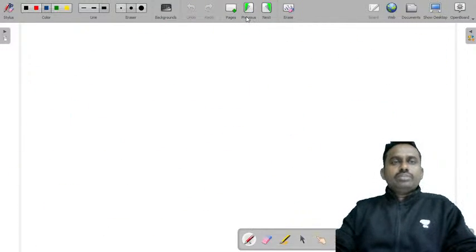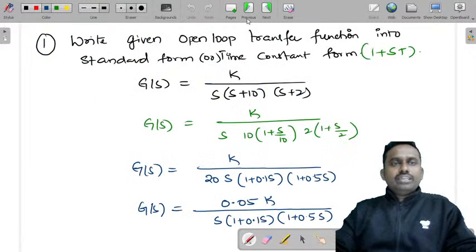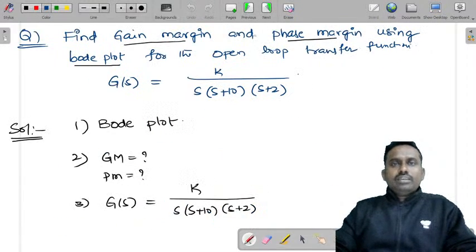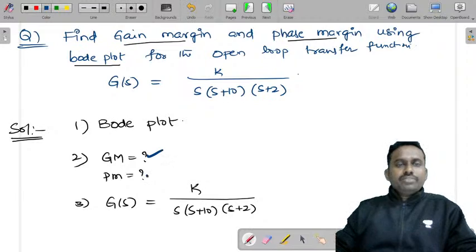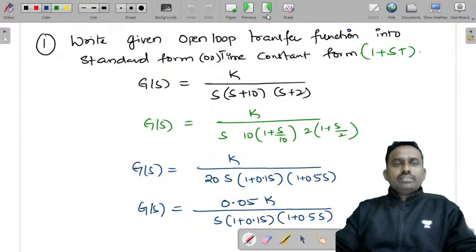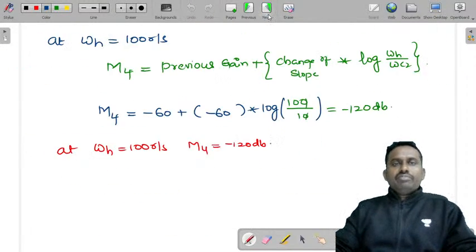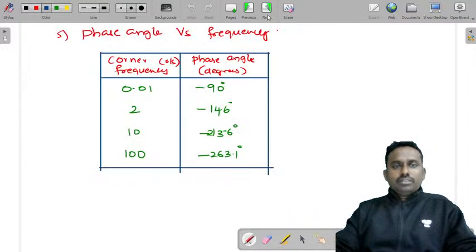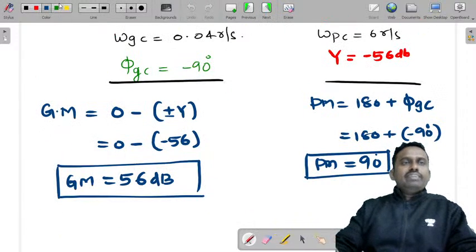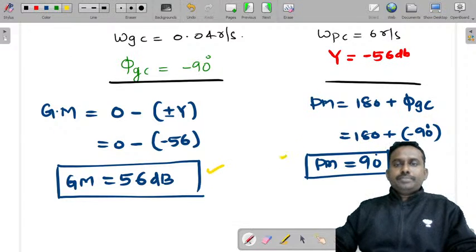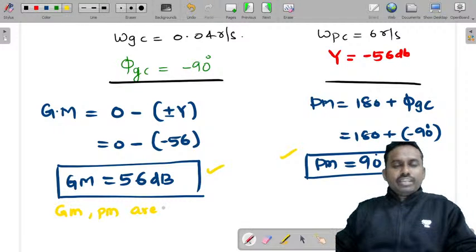If you look at the question that was asked in the previous examination, such a long question, I guess, gain margin and phase margin were asked to determine. So we have found gain margin and phase margin here. It is not asked, but you can write that gain margin and phase margin are positive.